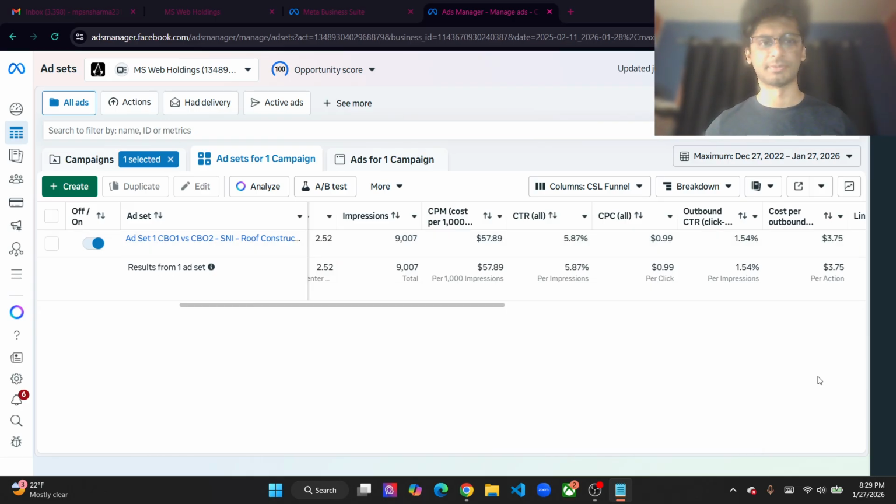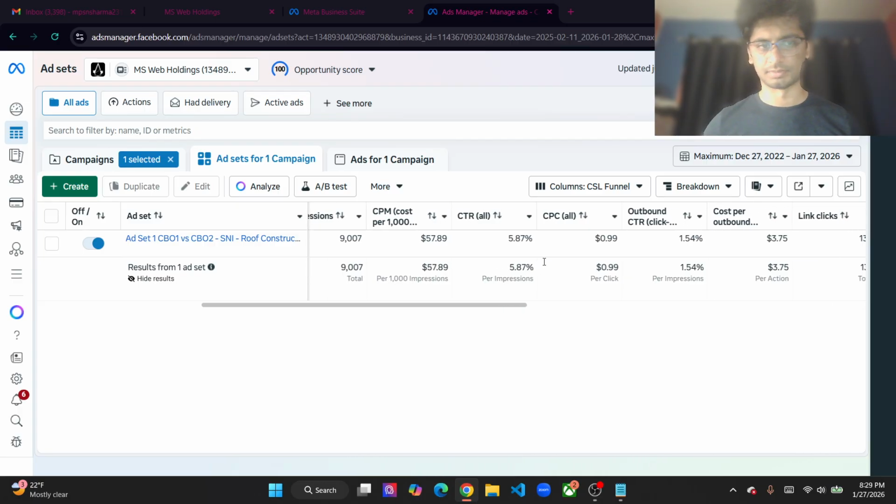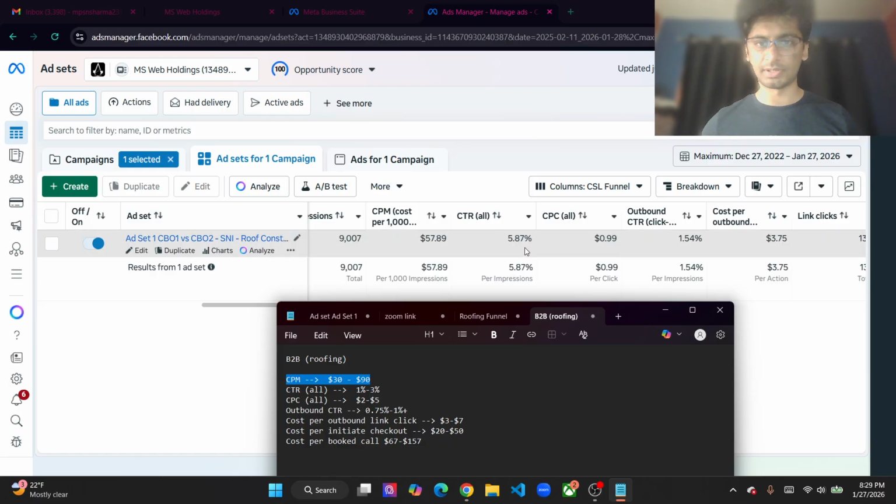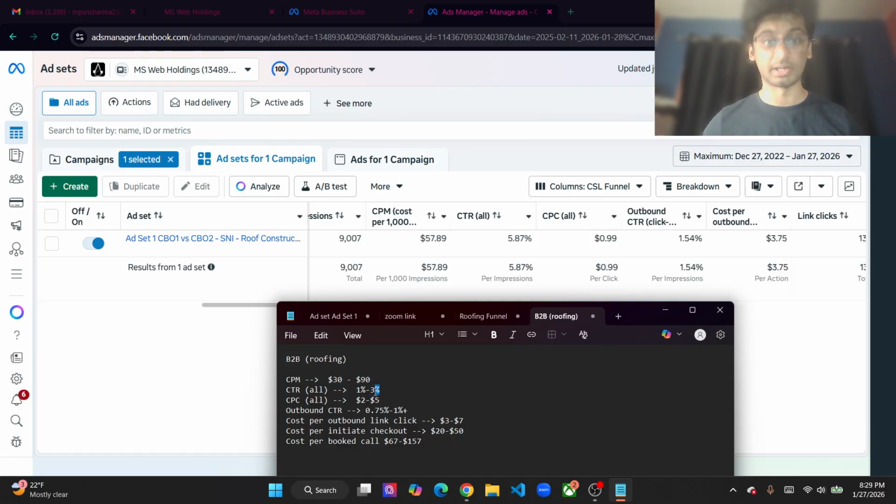I'm pretty sure it's the same as before, but similar to before in my previous update video. So the click-through rate all is 5.87%. This is way higher than 1 to 3%. This is also for the ad level. The metrics I'm getting are for B2B winning ad KPIs.